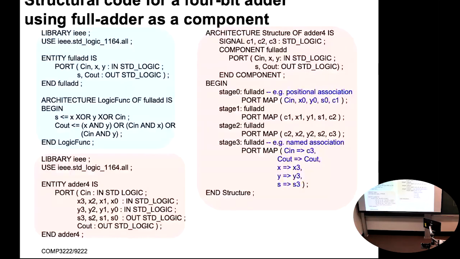So that's pretty straightforward. What begins to be more interesting is how you then build a 4-bit adder, let's say, from that full adder. Here is the code for our full adder at the top here. That's the design entity called a full adder: the entity which has our ports and the architecture which has our 2 expressions in it. We're going to use that as a component in a 4-bit adder. So what would a 4-bit adder have as its inputs and outputs? Well, it's got to have the 2 operands, X and Y, the respective bits as inputs.